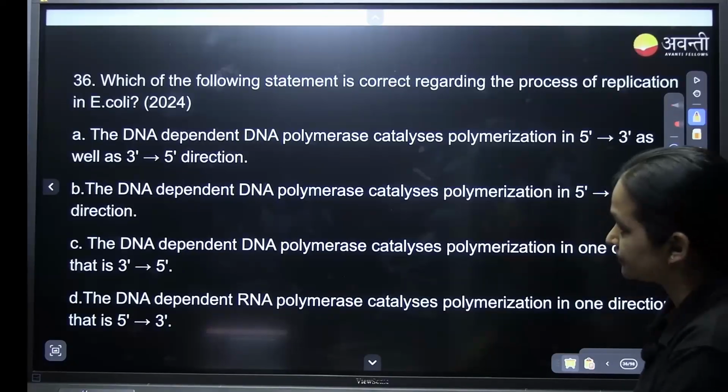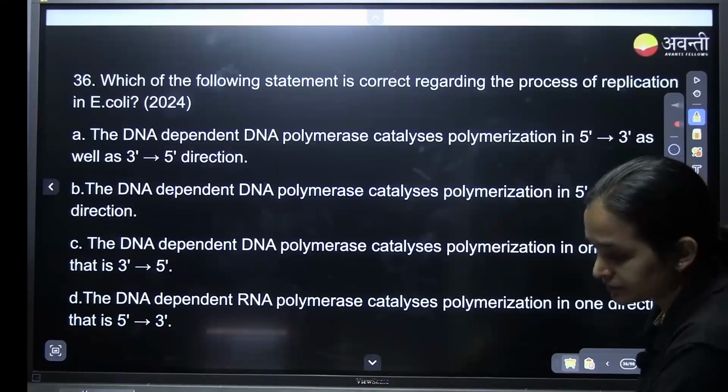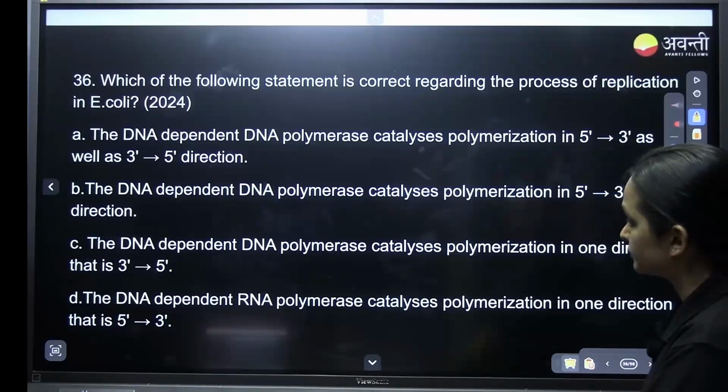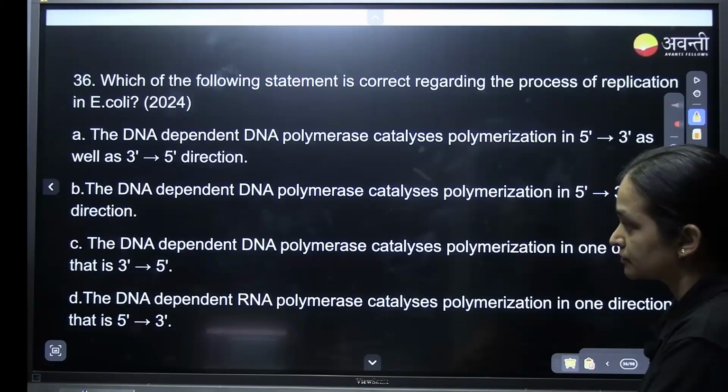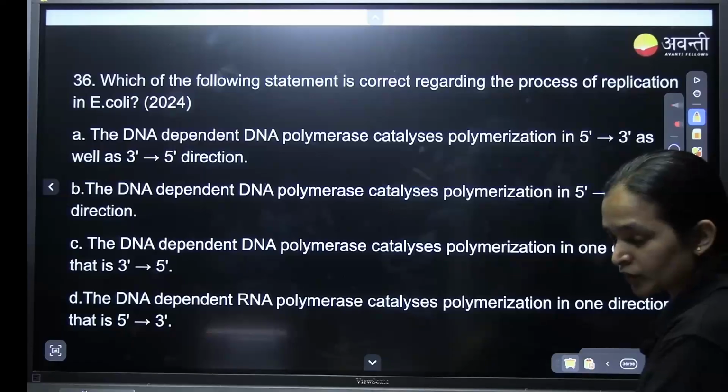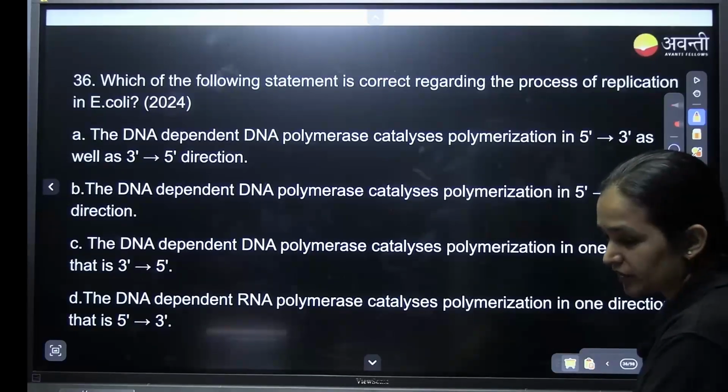Tell me, in which direction does the polymerization take place?